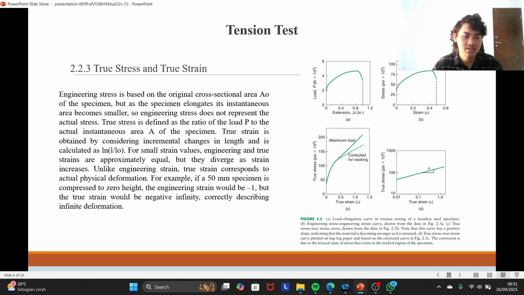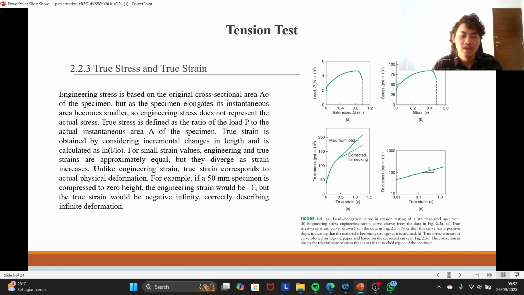True strain is obtained by considering incremental change in length and is calculated as ln(L/L0). For small strain values, engineering and true strains are approximately equal, but they diverge as strain increases. Unlike engineering strain, true strain corresponds to actual physical deformation.